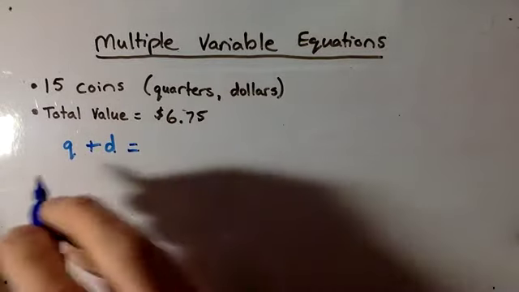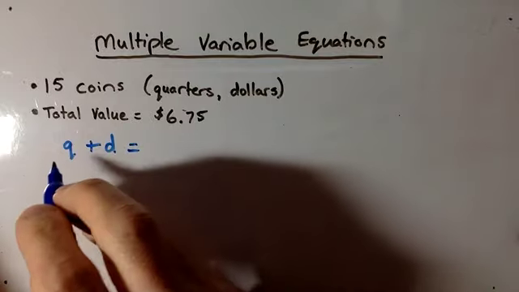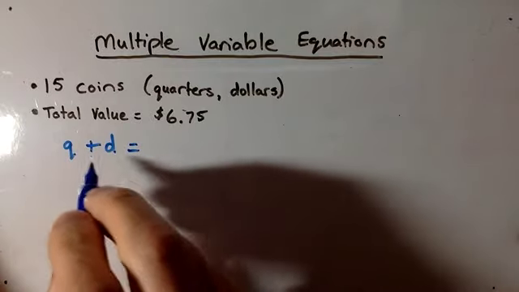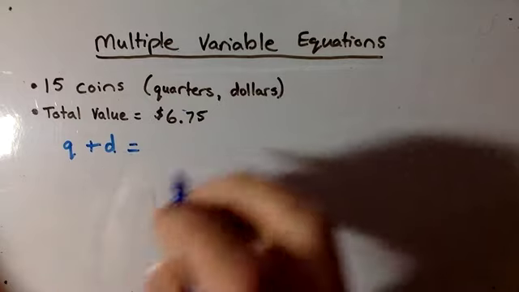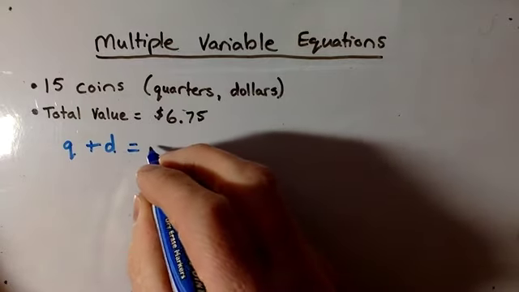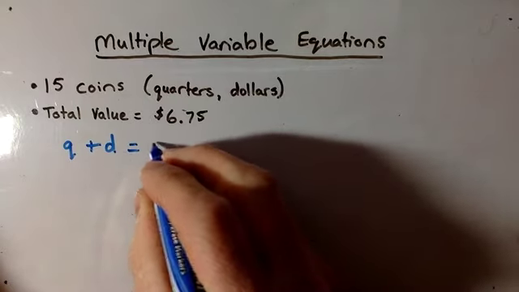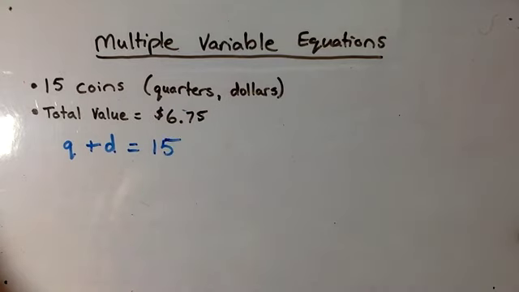It doesn't matter what these are worth at the moment, but if I add however many quarters we have with however many dollars, or loonies, that gives us our total number of coins. So that's going to be 15.